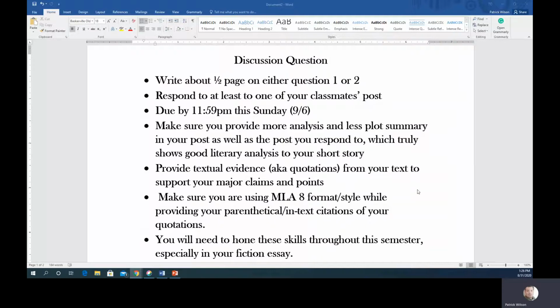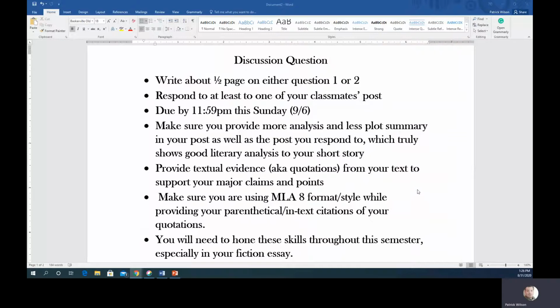So we're thinking a good paragraph for your actual response to the initial question, and then at least a good sized paragraph for the response to one of your classmates. Now, when you respond to the classmate, you want to do it more analytically than basically rehashing the obvious or saying, yeah, I agree with you here.